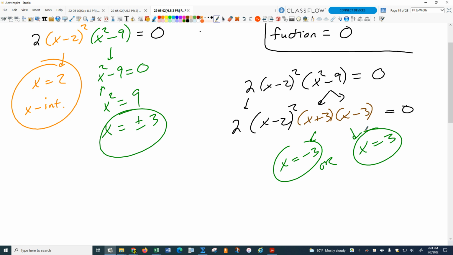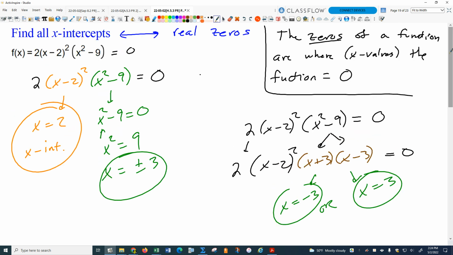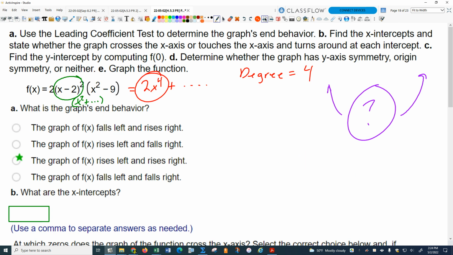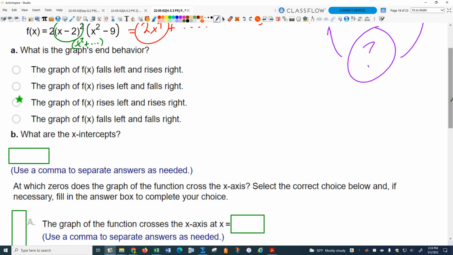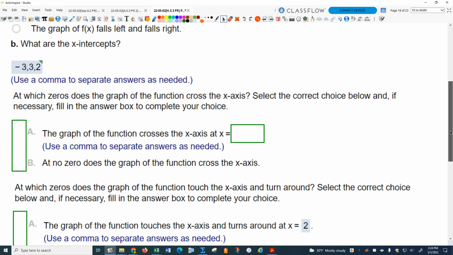Okay. All right, so we got the x-intercepts then. Negative 3, 3, and 2, right? That's what we got. Okay, so now, how about this?